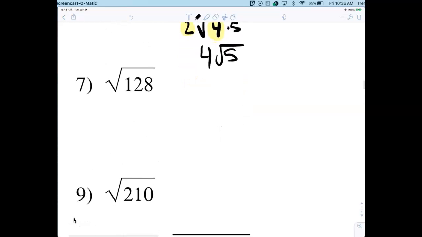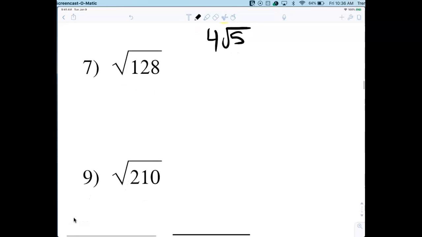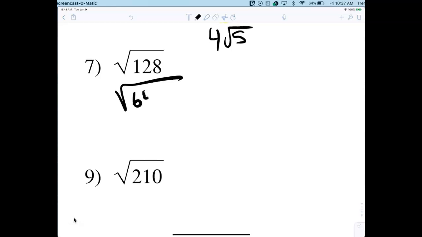All right, 128. I want everybody to look at 128. Divide that by 2. What's 128 divided by 2? 64, right? Everybody see that? So 128 is 64 times 2. So what's the square root of 128 really? 8 radical 2.